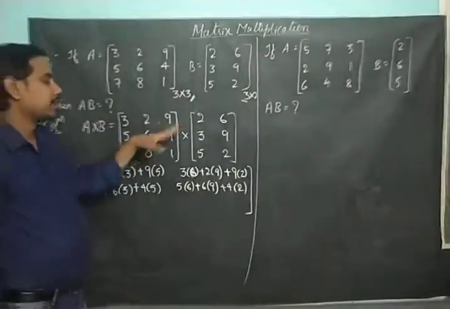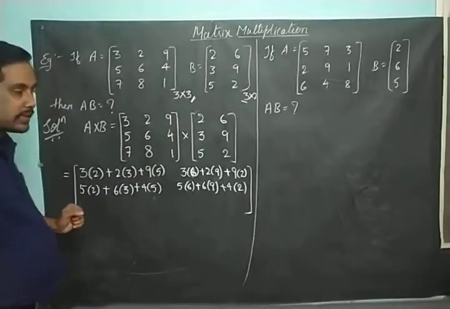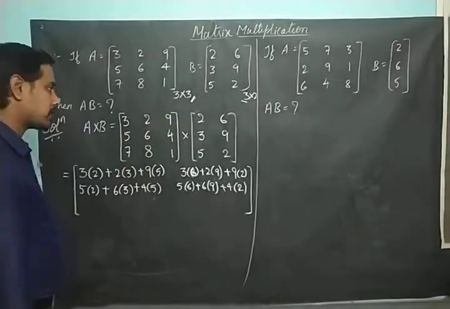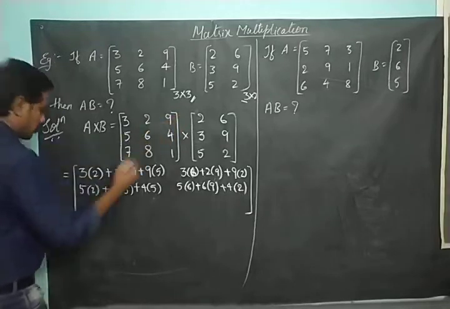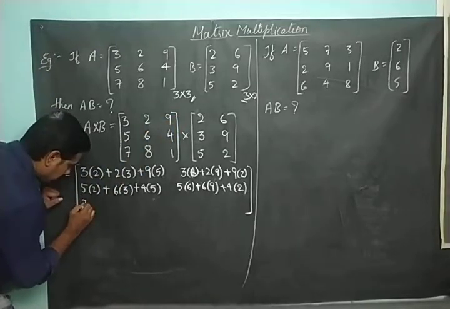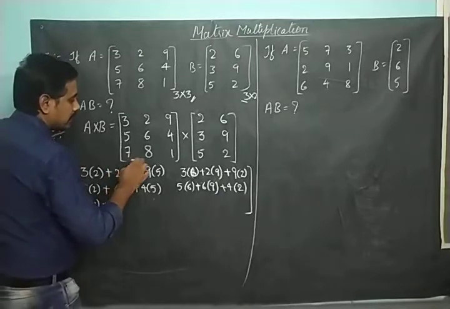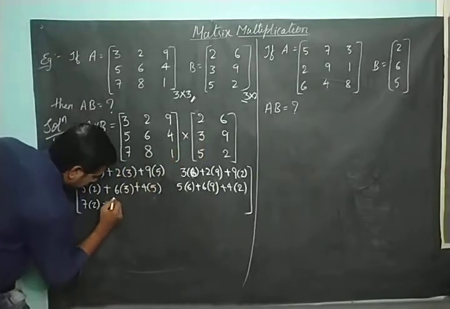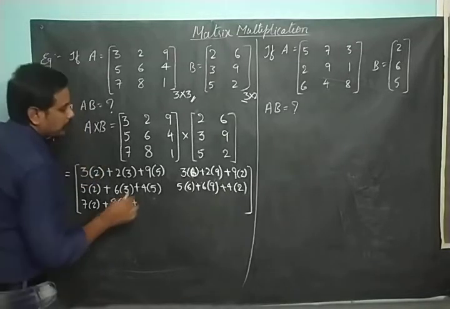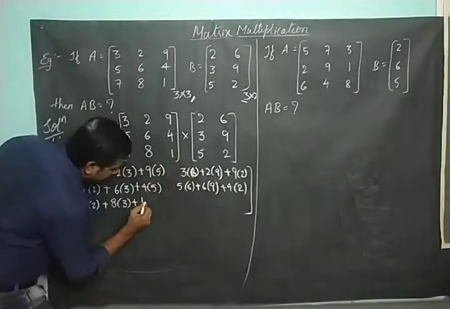Now let us multiply the third row with the first column and second column. The third row multiplied with the first column gives us 7 into 2, plus 8 into 3, plus 1 into 5.